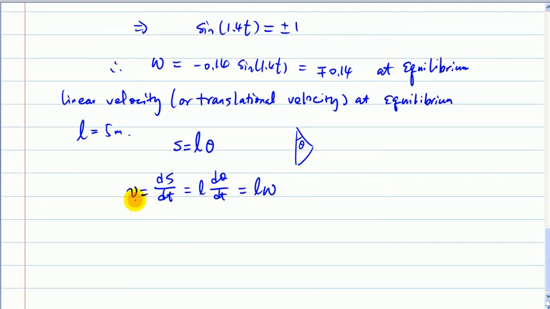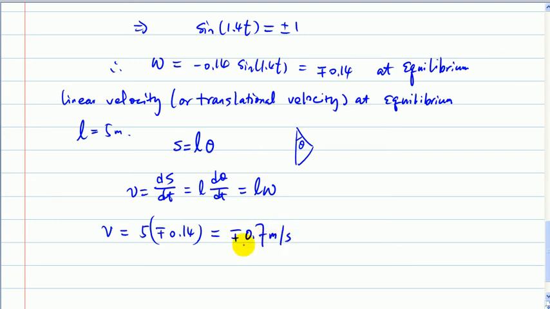We're looking for v at the equilibrium position. At the equilibrium position, your angular velocity is this value, so your v will simply be 5 multiplied by this value, which gives you this one.